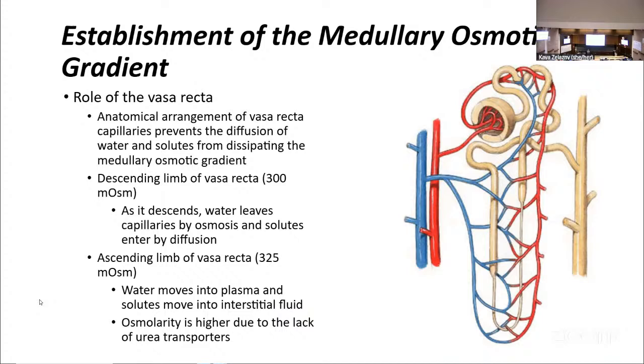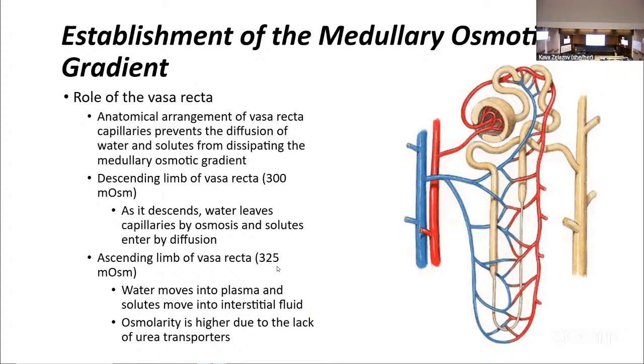wash away the gradient. So the descending part of the vasorecta is at 300 milliosmoles. As it's going through, the water is going to be leaving those capillaries by osmosis. Some solutes are going to enter by diffusion. And then in the ascending limb, we're going to have the opposite thing happen, but we have a slightly higher osmolarity here.